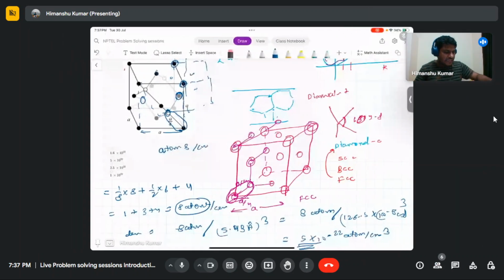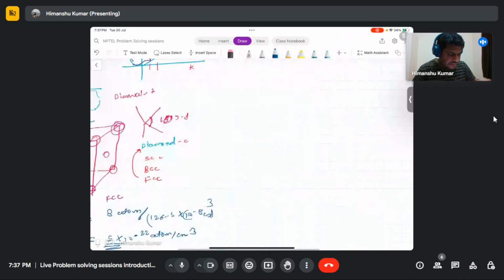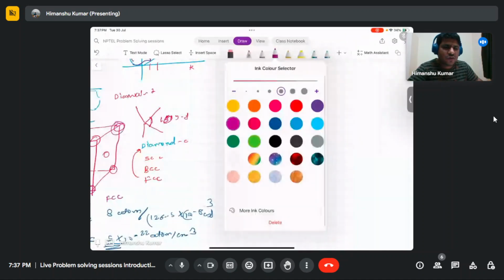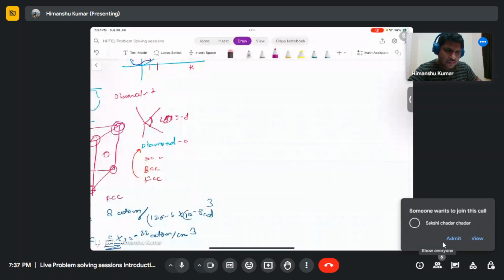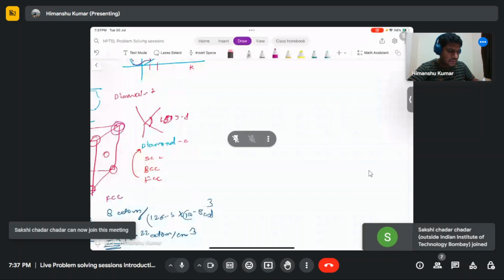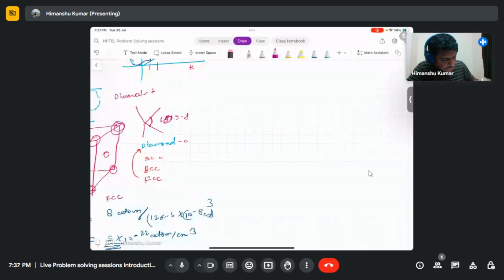Let me put in a bit more effort and draw the crystal. Let's focus on the edge atom actually.